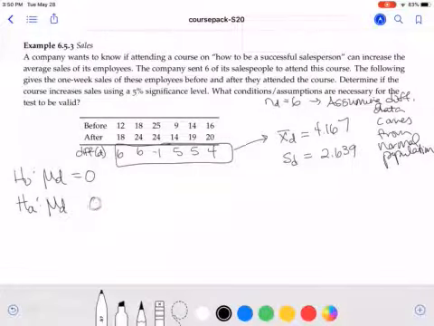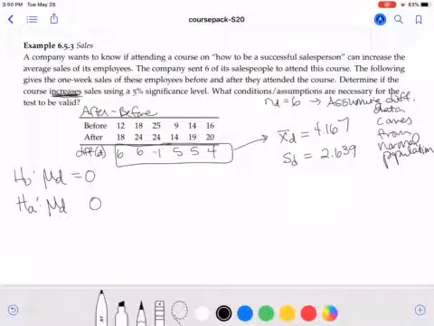Now we need to pick our sign here. How we subtract is important in terms of what direction we want. We want to know if the course increases sales. If the course increased sales and I did after minus before, we want to think about whether we should have positives or negatives for our differences.